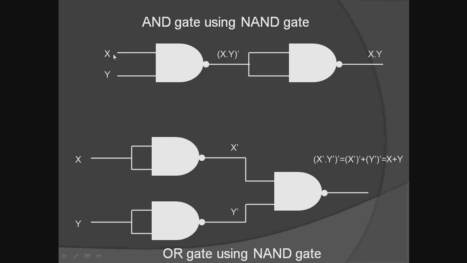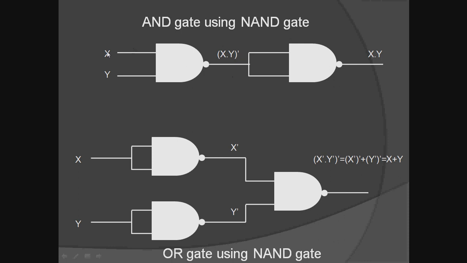Here you have two variables, but the output is only one value. The NAND gate represents the multiplication dot, so the outcome will be x dot y: 1 and 1 gives 1 into 1, or 0 and 0 gives 0, or 0 into 1 gives 0, like that.